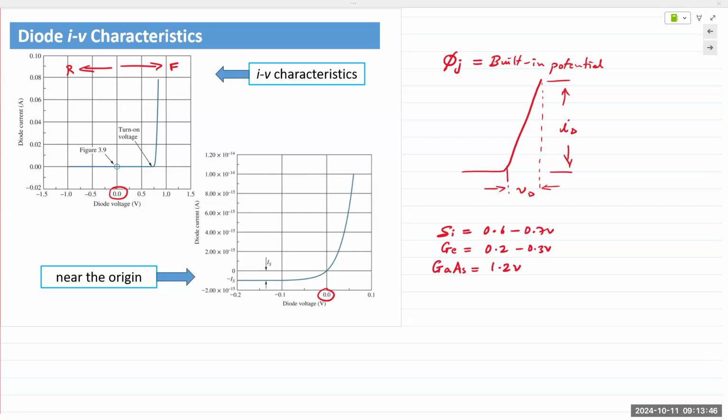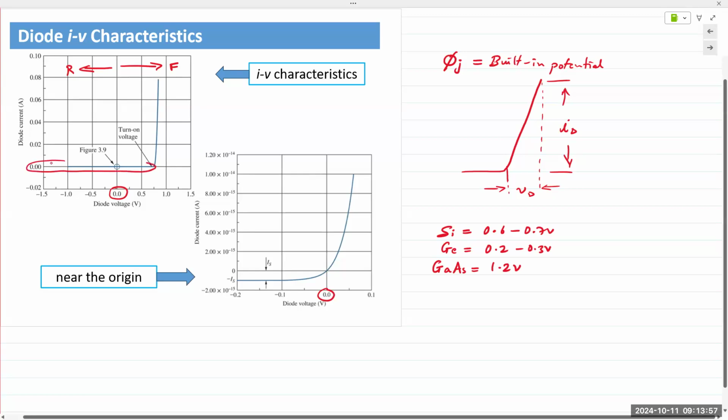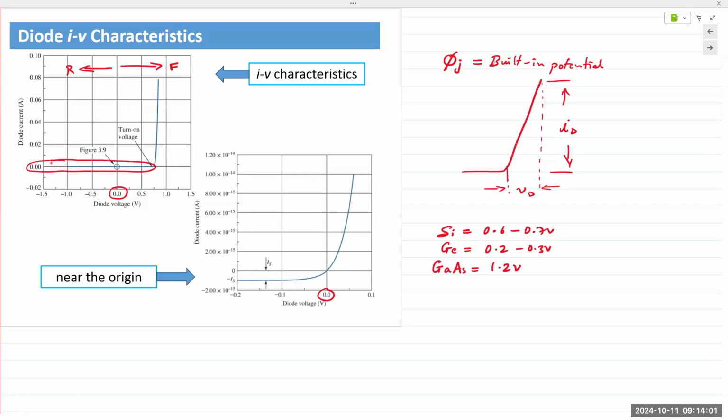And then in the reverse bias, the depletion region width increases and there is absolutely no current flow. And so that is as close to zero as possible. But in reality, there is a very tiny current that does flow due to the minority carriers.